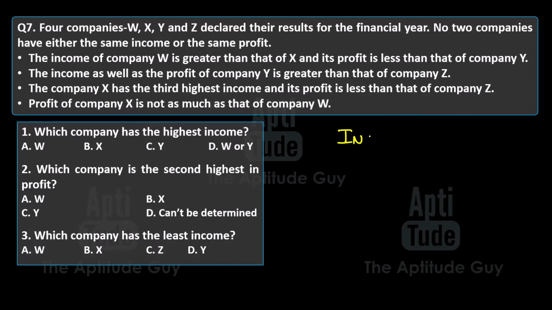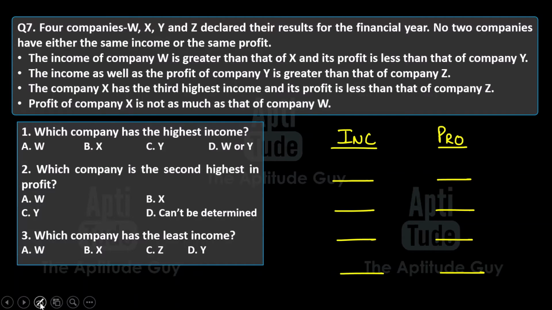We have the income order and we have the profit order. 2 different things. Now, one tip that I'll give you is when you are reading the data of income, do not read the data of profit. And when you are reading the data of profit, do not read the data of income. Okay? Now, let us see. Let's just draw the dashes. 1, 2, 3, 4, and 1, 2, 3, and 4. Okay?